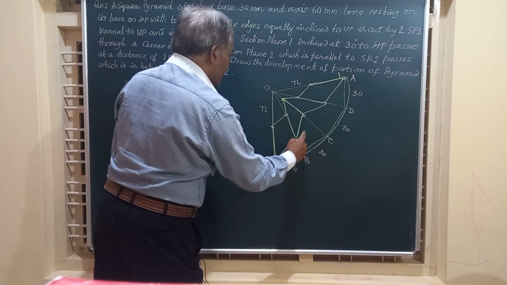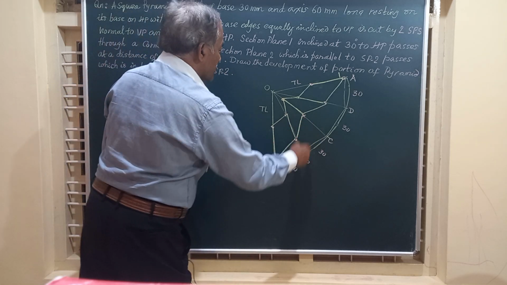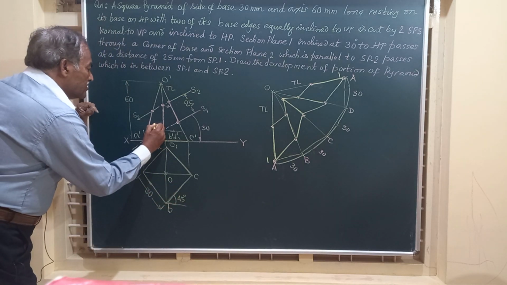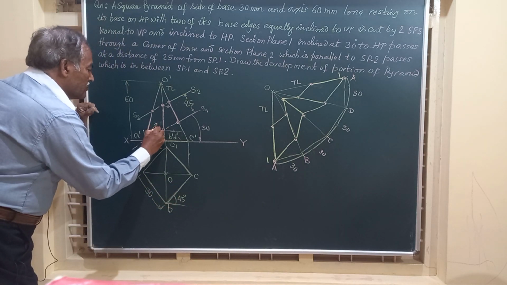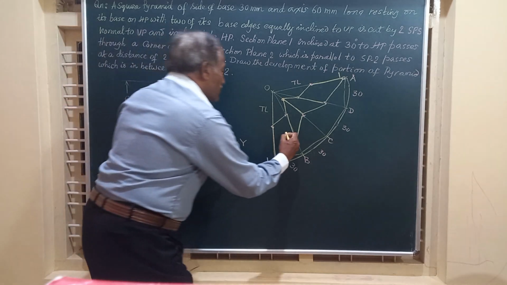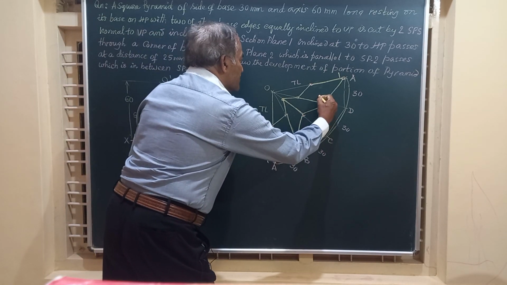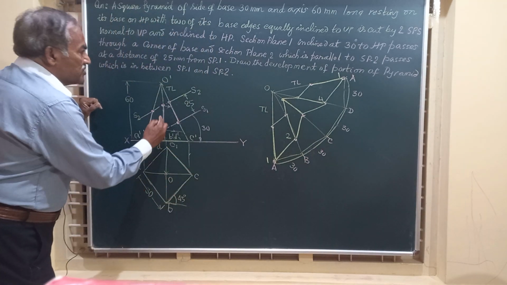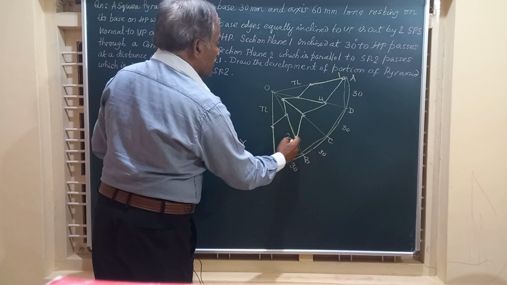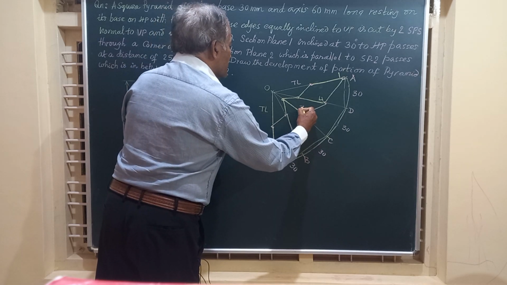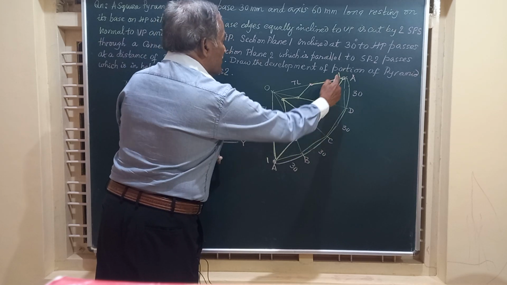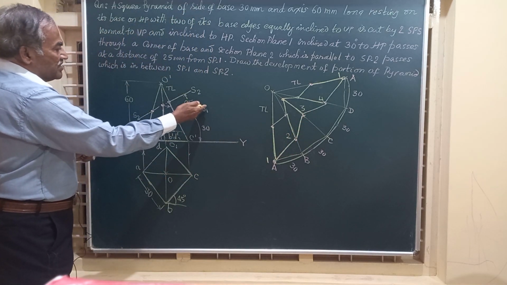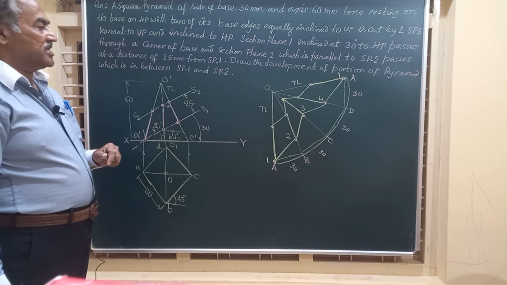On OB and OD, 2, 3, 4, 2 and 4 on OB and OD. Then on OC, it is going to be 1, 2, 3, 3 on OC. So 1, 2, 3, 4, 1 are the points on the development cut by the section plane S1, S1.